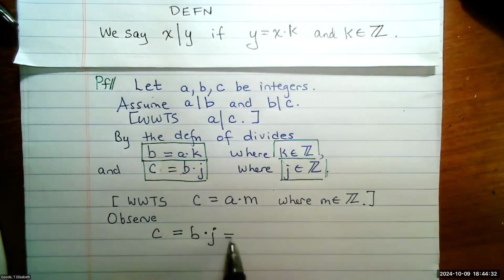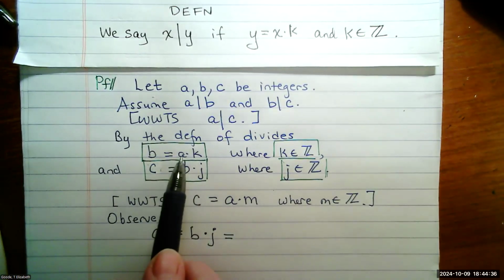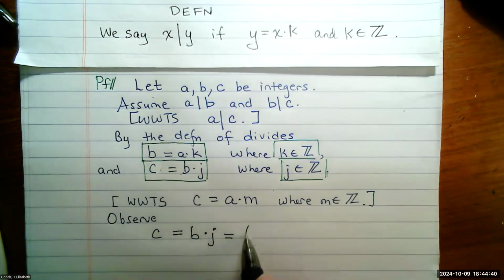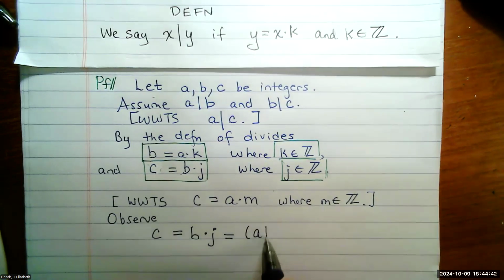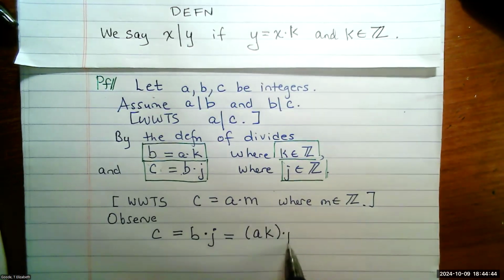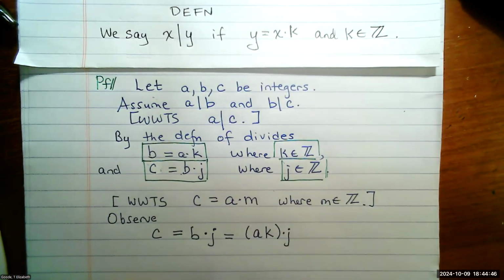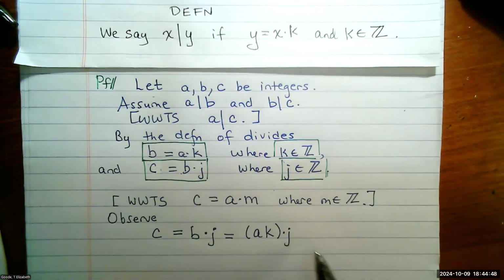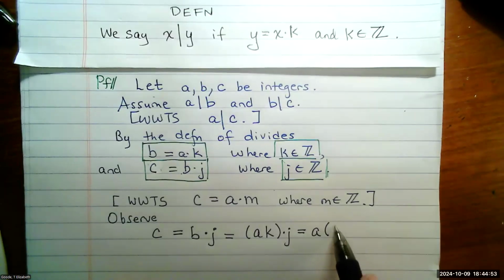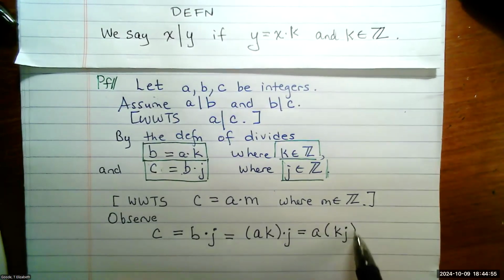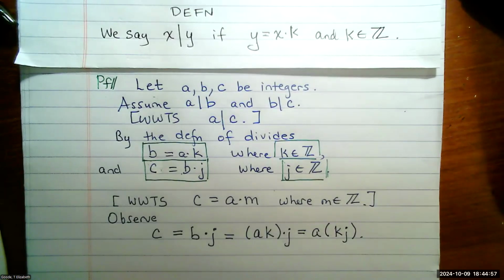But then we really need an A, right? And there's not an A here. That's when we use the substitution that B is equal to AK. So that's AK times J. And then we can use the associativity of multiplication and regroup this so that it's A times the product KJ. So yeah, you got to that real quick.